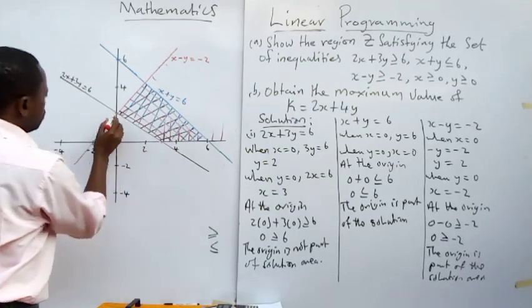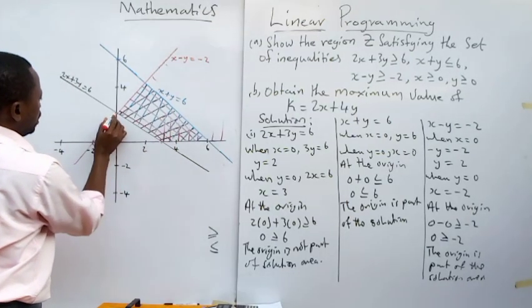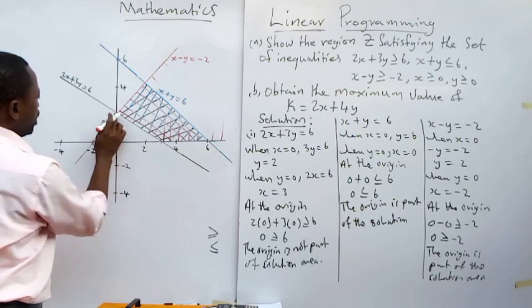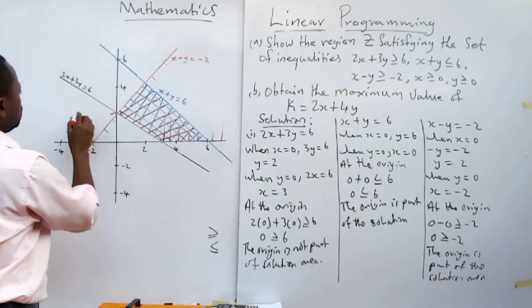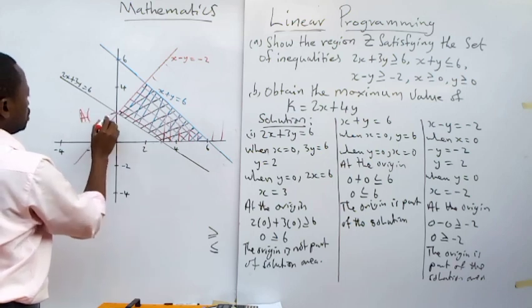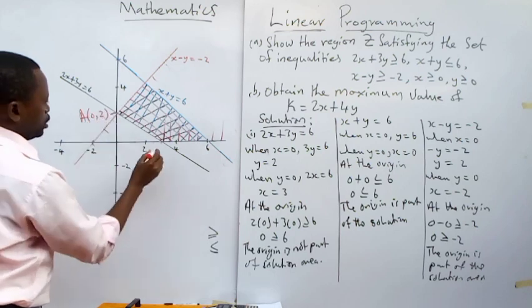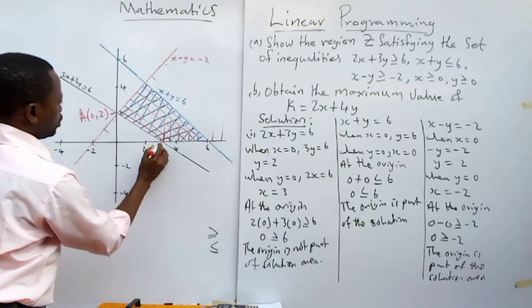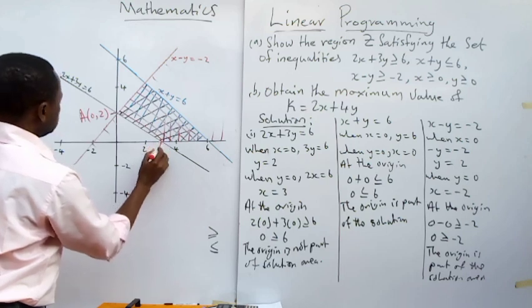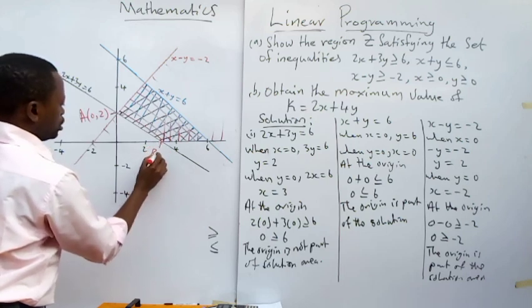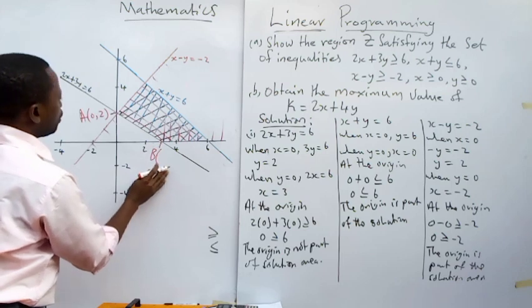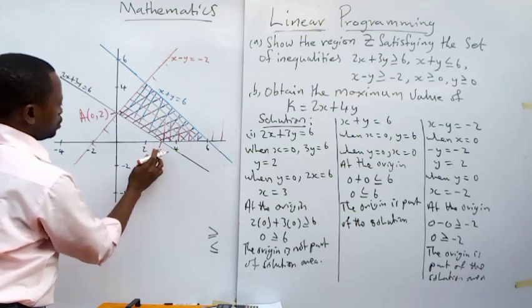What is here? At this point, x is 0, y is 2. So we can label them A. This is x 0, y 2. And here, this is another extreme point. At this point, I can call it B. What's going on here?